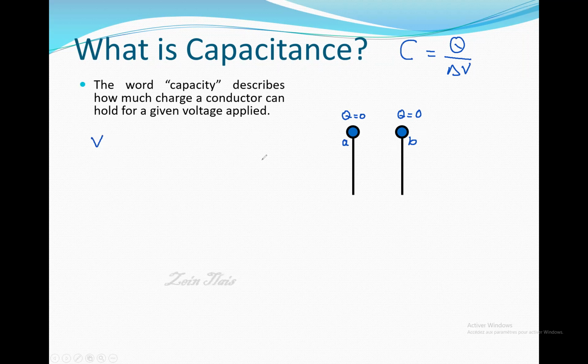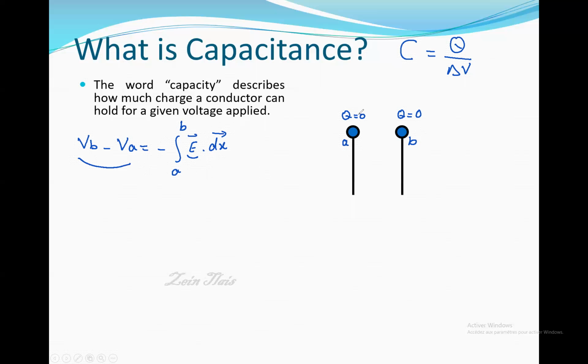And also, as we don't have a field between them, in general, delta V equals, let's say, VB minus VA equals minus the integral of E dot dx between A and B. If we have a field between the objects, we can get a difference of potential.